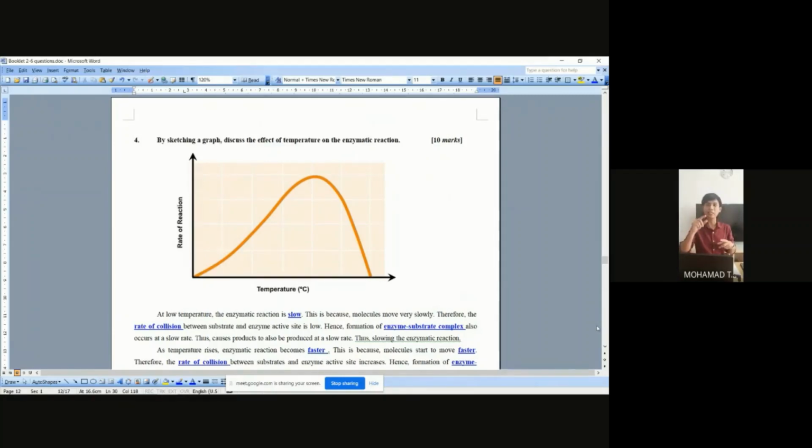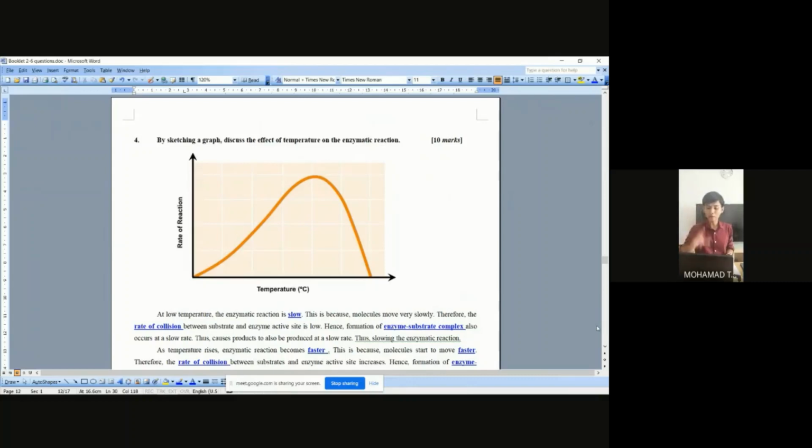Kalau graph pH, yes, dia boleh jadi bentuk macam bentuk normal distribution curves, okay? Boleh, tak ada masalah. That is for your pH graph. Okay, but for temperature graph, bentuk dia jangan lukis macam normal distribution curve. Jangan bentuk bell shape. Kalau bentuk bell shape, awak lukis untuk temperature, salah.